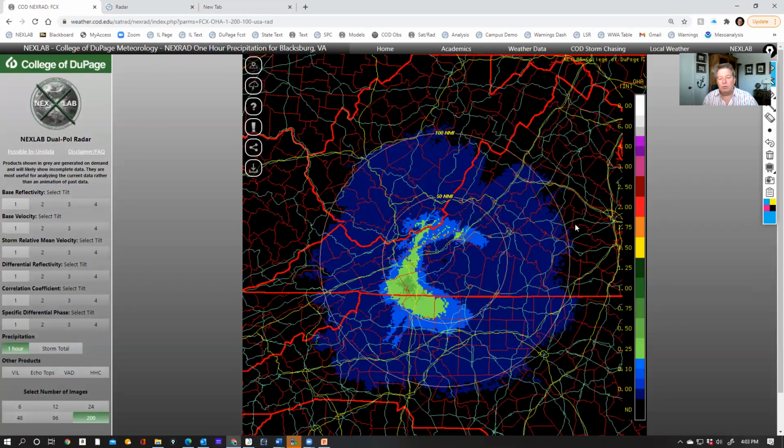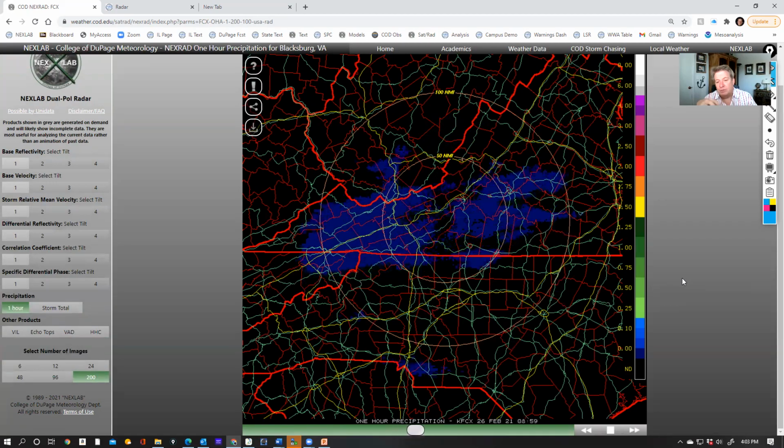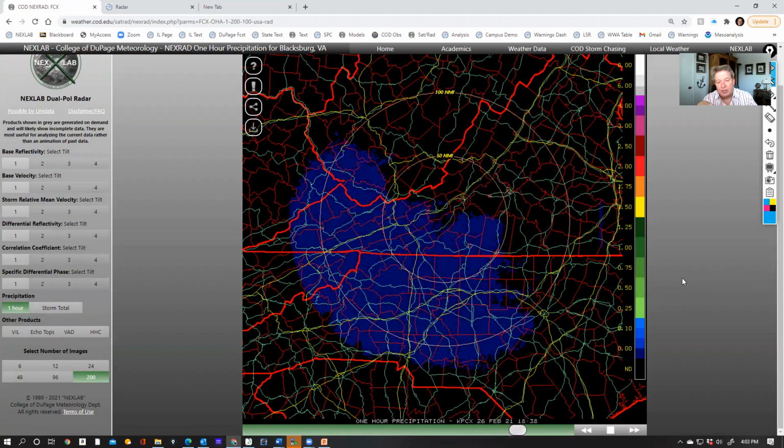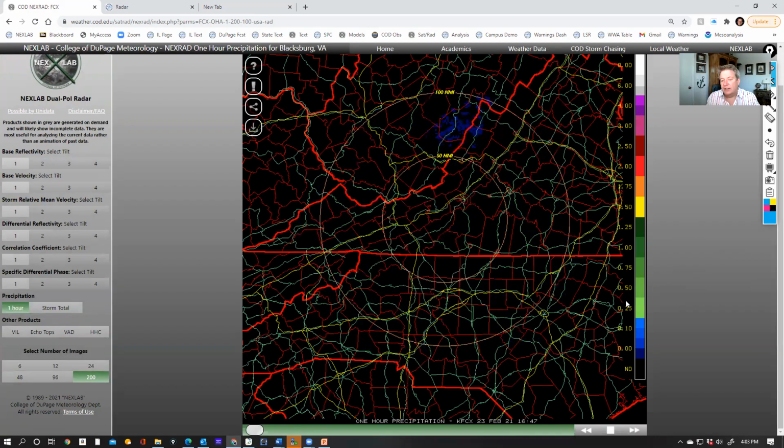So if you want to see how much rain you're getting, you can watch the rain evolve. It's also great for thunderstorm tracking, so you know which way that thunderstorm is moving. Now watch when it gets a little bit closer. You're going to see the precipitation shield starting to add up. And now we're getting totals that are up over half an inch.